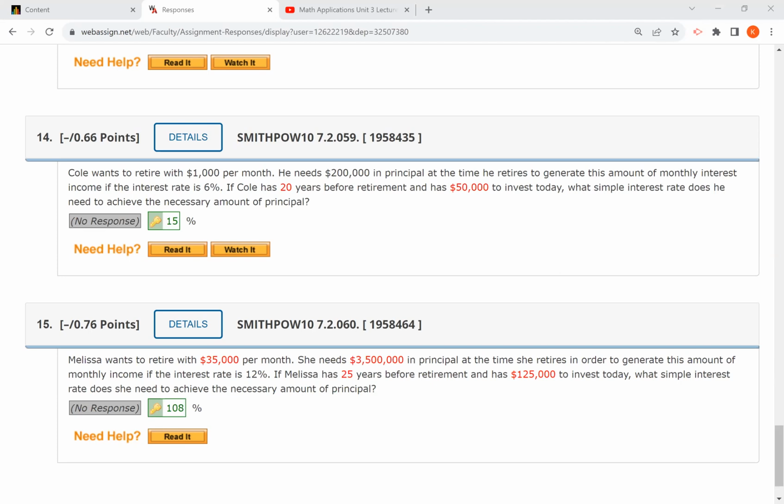Okay, so here's some things we know now. Our principal right now today is $50,000. Our time to do this is 20 years. The interest that he needs to make between now and in 20 years is this difference up here, because if we want to have $200,000 to invest, then we need to make $150,000 over the next 20 years.